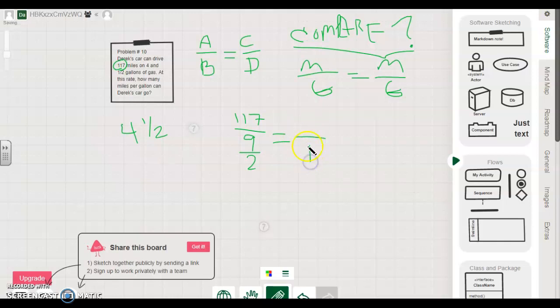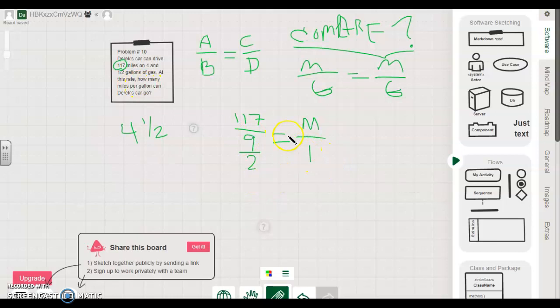So we know that it's asking us for 1 gallon, we just don't know how many miles. That's the unknown, so I gave that unknown a variable of M. And per gallon means 1 gallon.